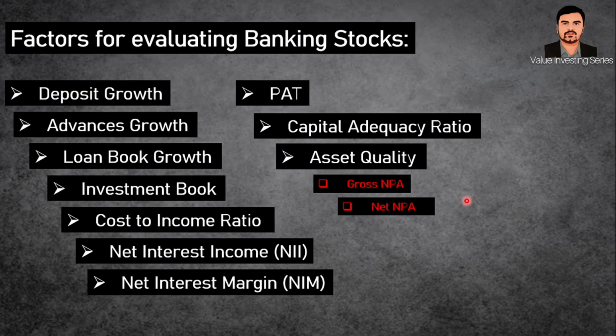But if it goes into default, like his did, then since corporate loans are non-granular and everything is going to a single person, the bank's complete loan book is at stake. Such is the importance of non-performing assets, or NPA.